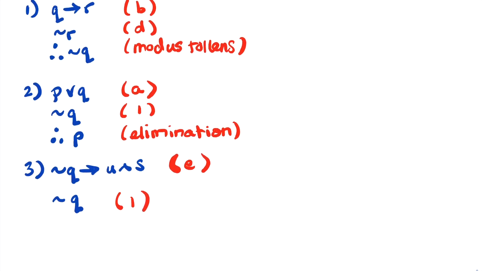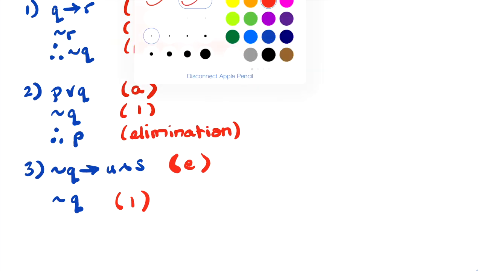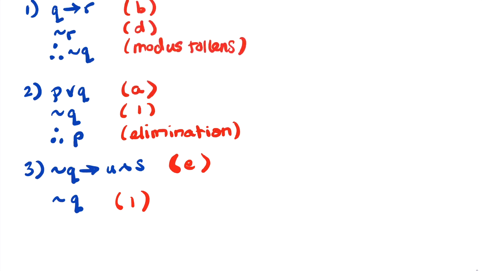Well, by modus ponens, what would we get? I know it's a negation, but we didn't negate that second one, right? So it follows the modus ponens. And so for the modus ponens, what we would get then is therefore U and S.